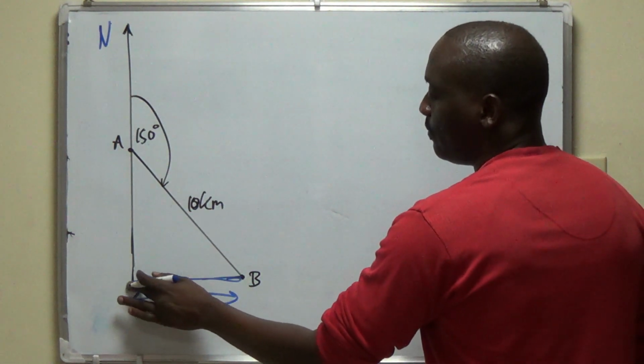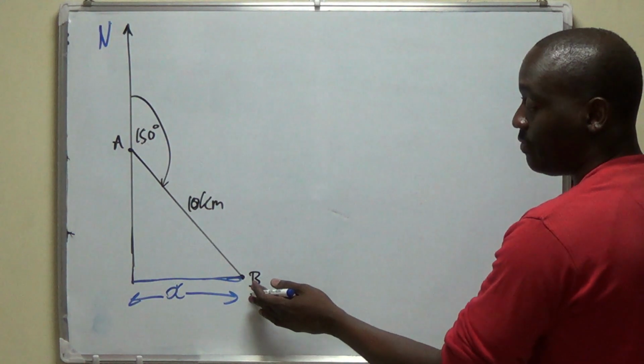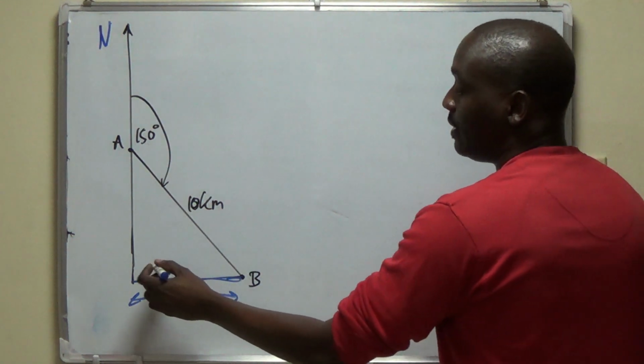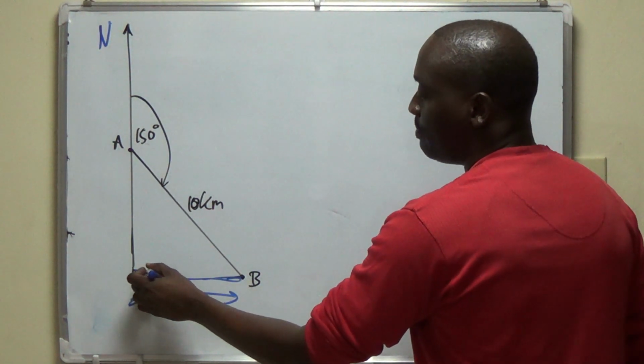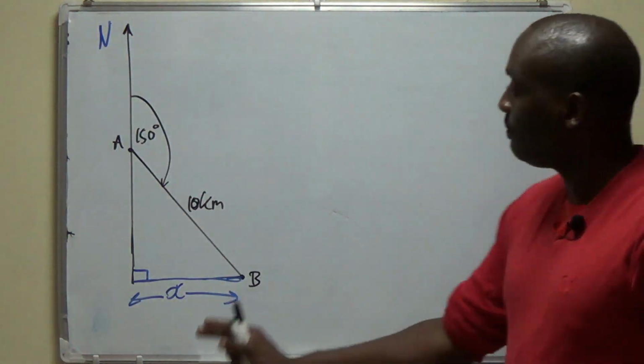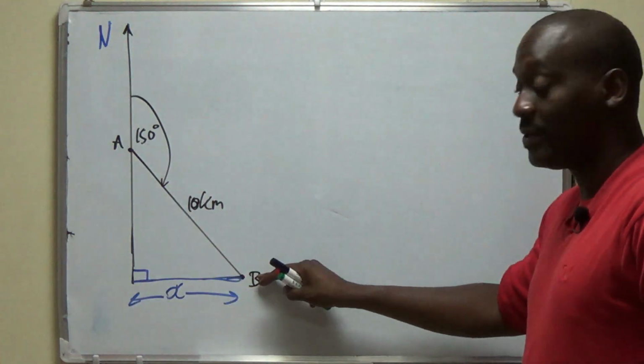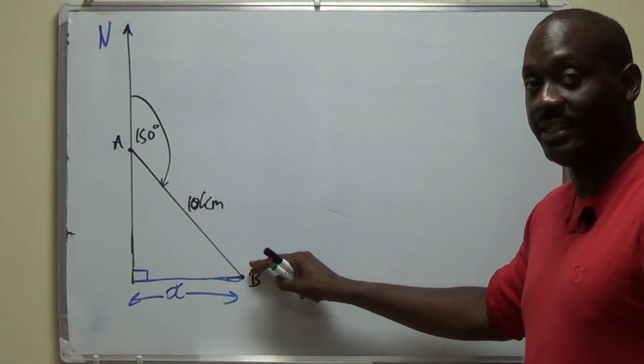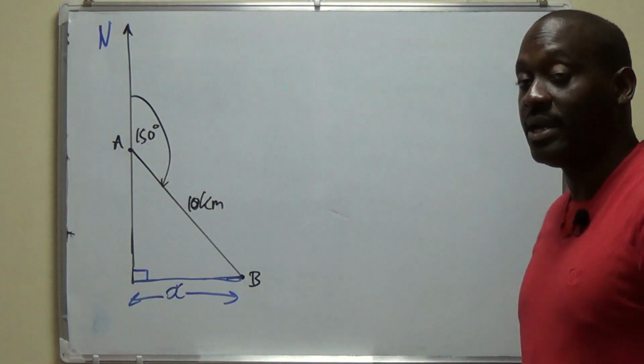Now, if we're talking about the distance of B east of A, then this angle here must be a right angle, because this line is your north line. So if this is your north line and this, let me call it the east line in this case, then this angle here must be a right angle.